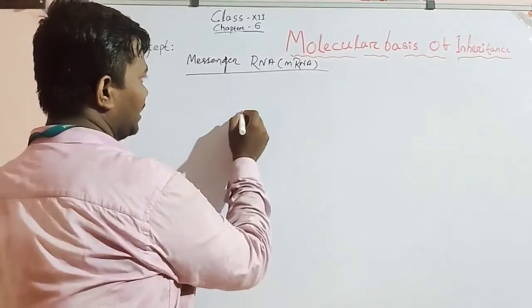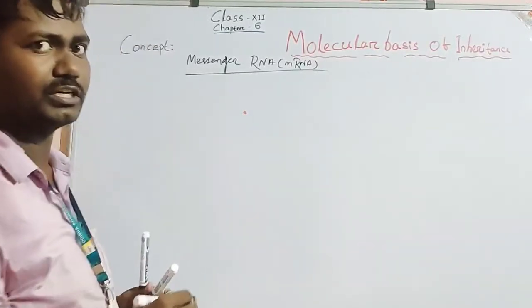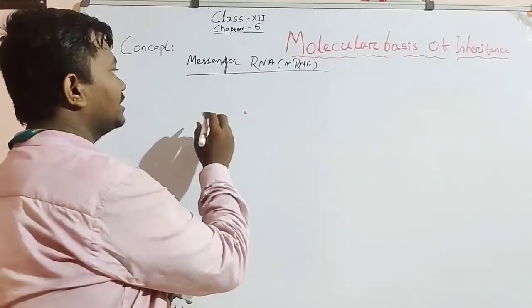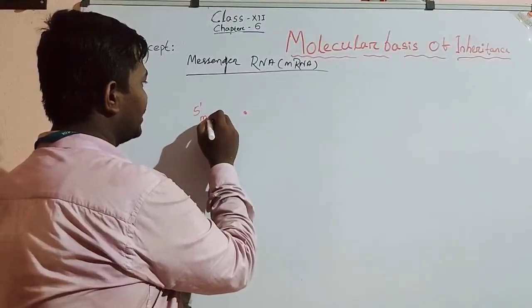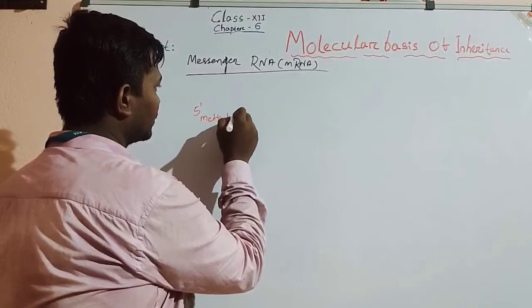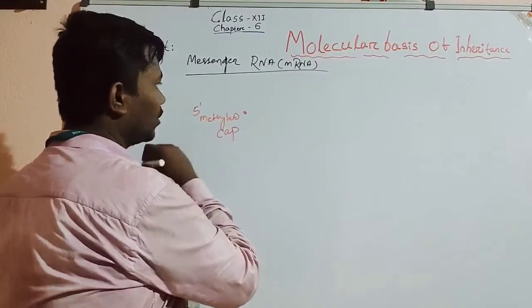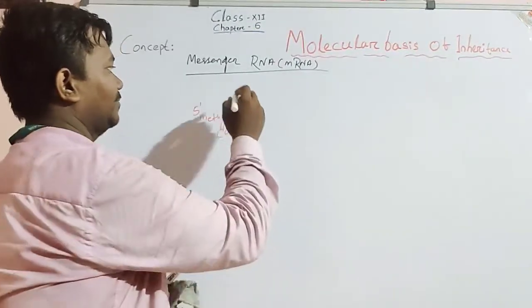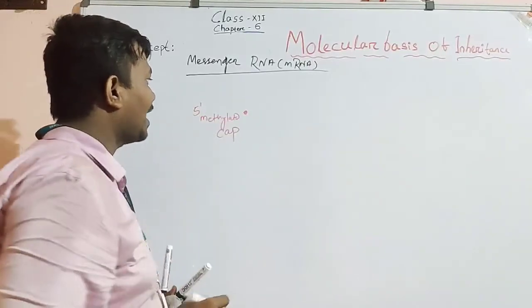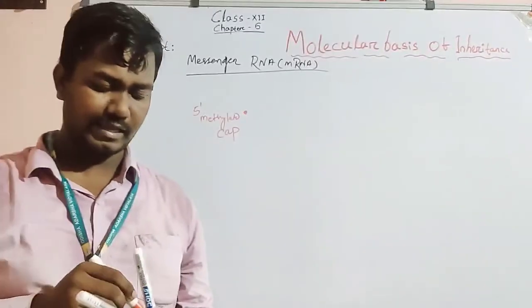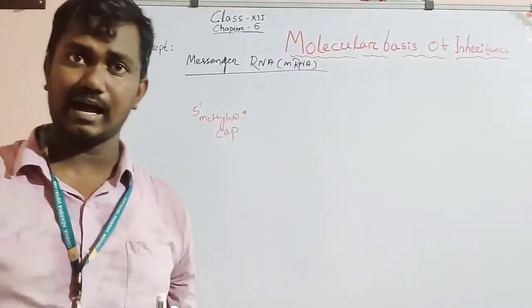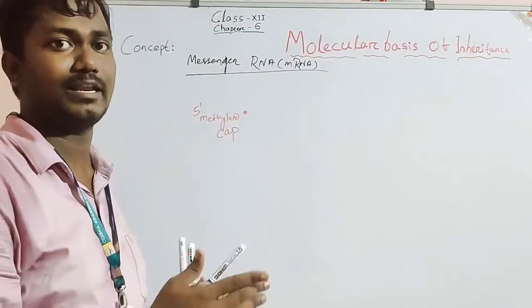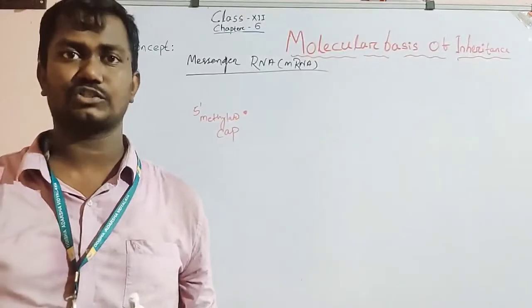In messenger RNA, methylation occurs at the 5' position and hence it is called the 5' methylated cap, or simply a cap. The 5' methylated cap helps the mRNA bind to the ribosome and protects the mRNA from enzymatic action.